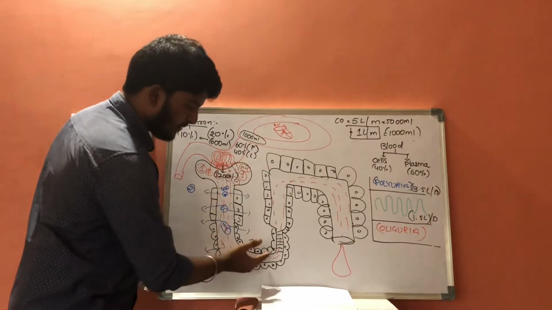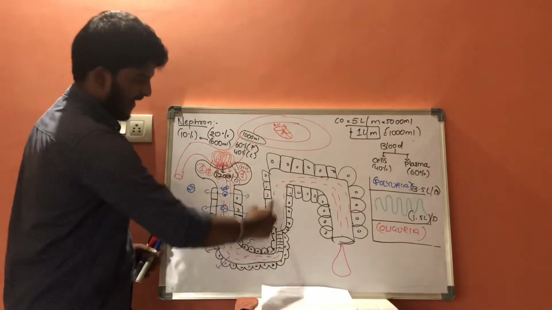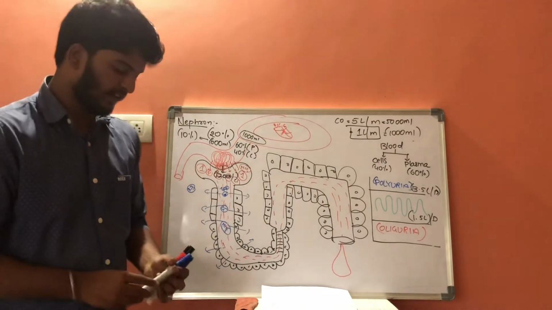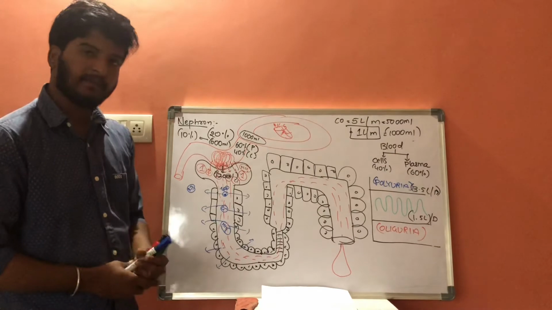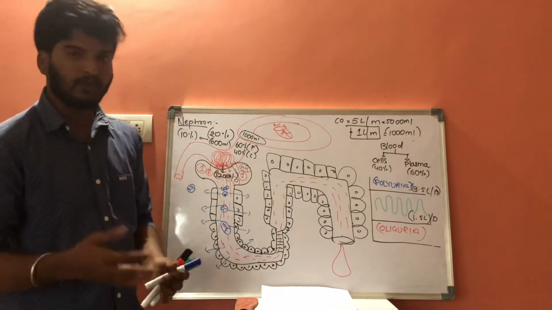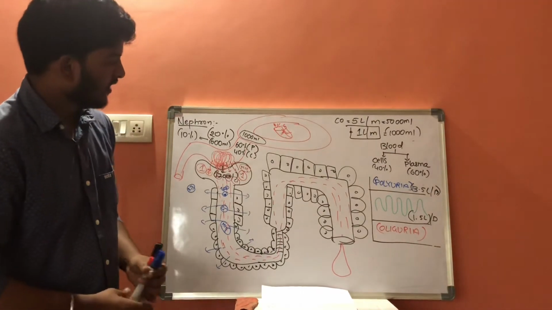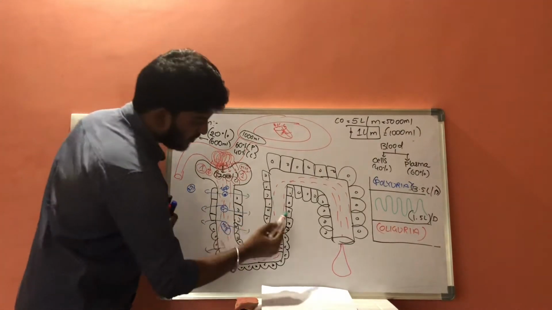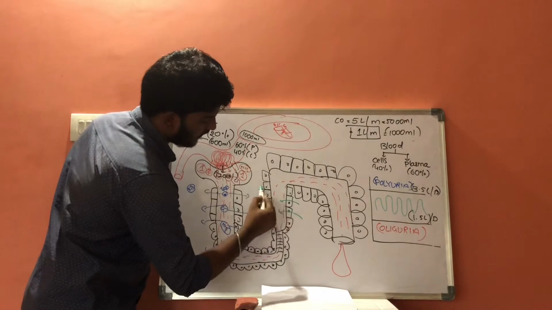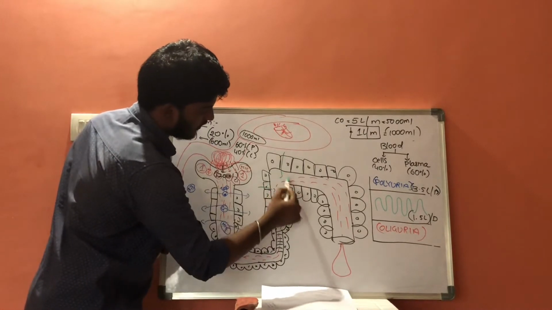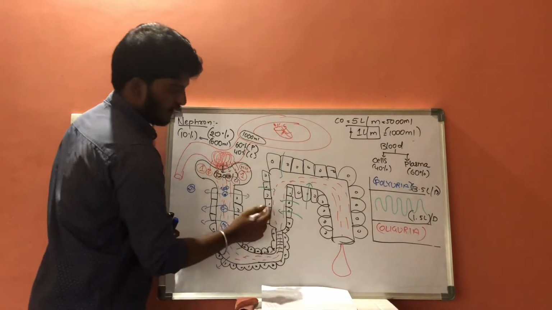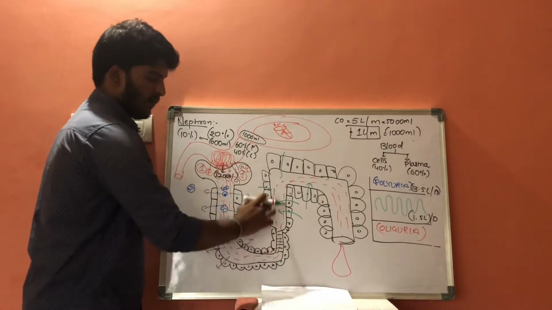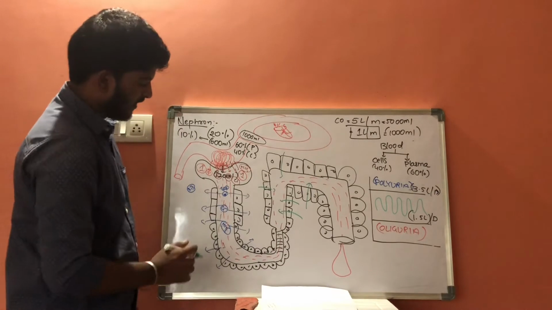Now our body has some unwanted materials, like ammonium. These unwanted materials will be secreted into the nephron. This is the third step.